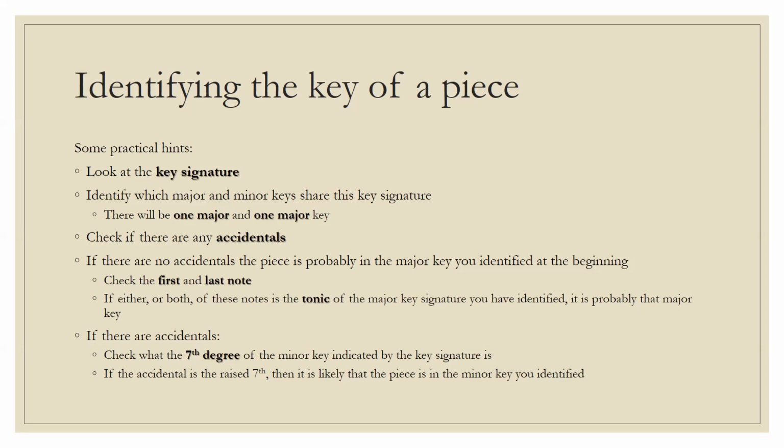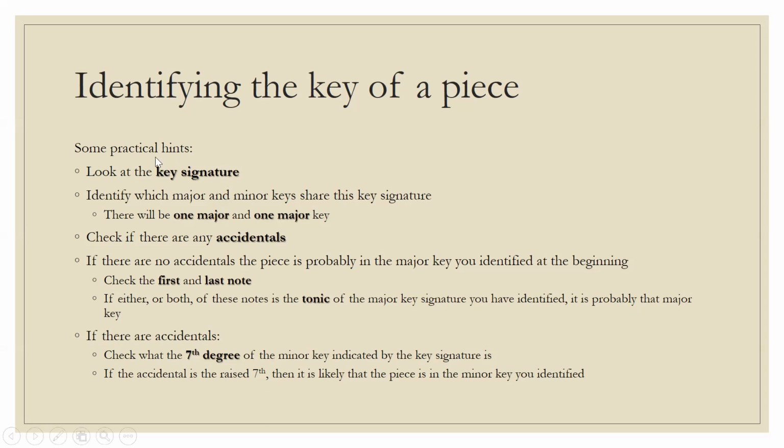So if you had a key signature with no sharps or flats, it would mean either that the key is C major or A minor. And I'm going to show you in this video how we can work out the difference between the major and the minor keys.